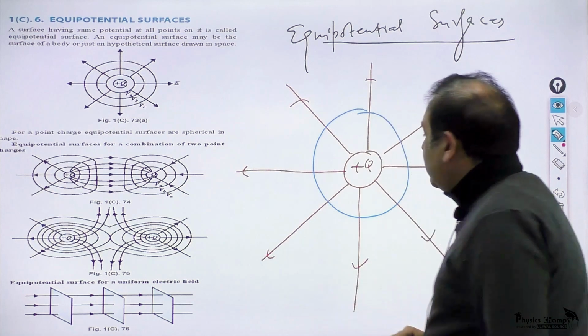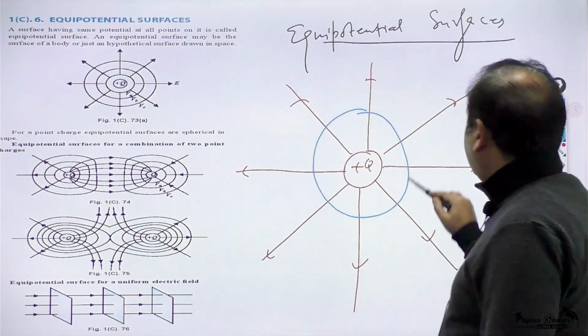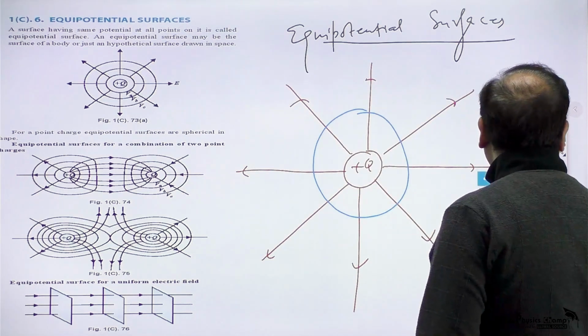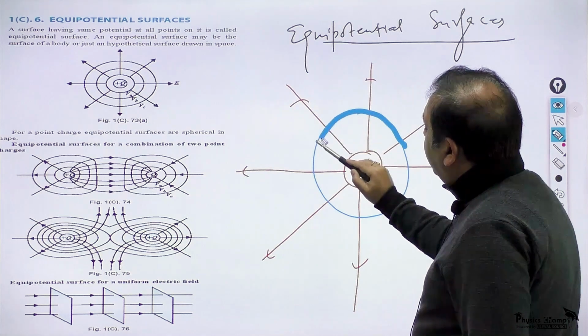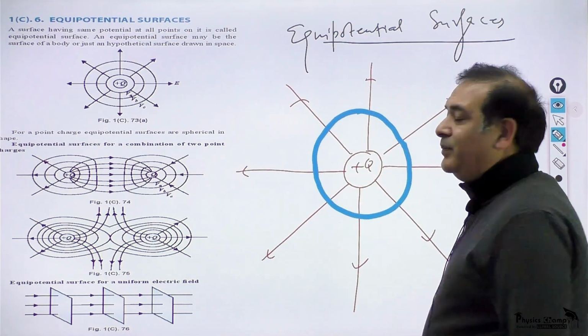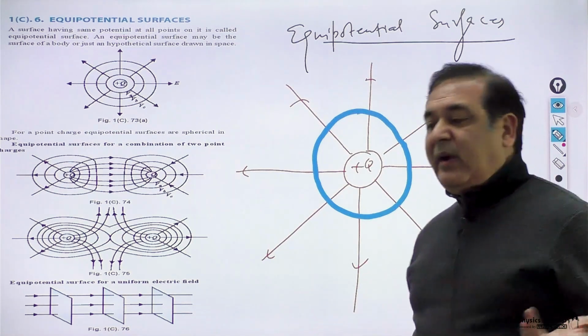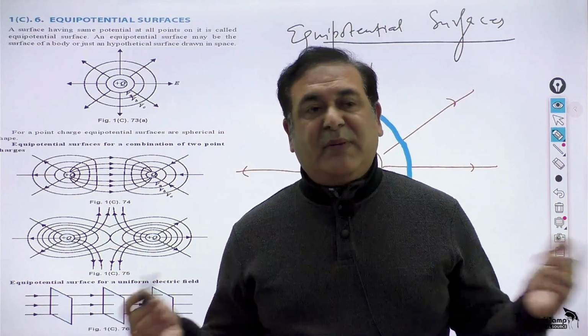If we assume a sphere of radius r, at every point of this sphere there will be the same potential. I will call that an equipotential surface. So again I am repeating, a sphere of radius r around it will be an equipotential surface at every point of which the potential will be the same.